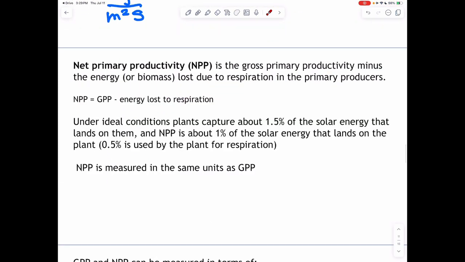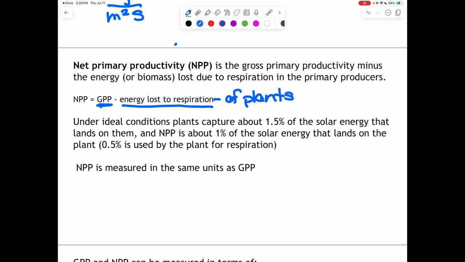All right, now remember that GPP was the total. Now we're getting into our NPP, and this is where we have to do some math. We're going to take our GPP minus the energy lost to respiration. I want to make sure I'm clear here: this is respiration of just the plants, not everything else. So our NPP, our net primary productivity, is our GPP minus the energy lost to respiration.